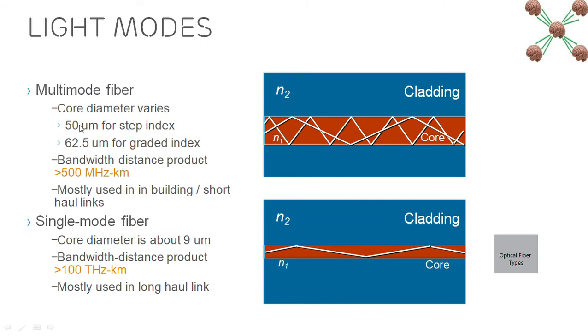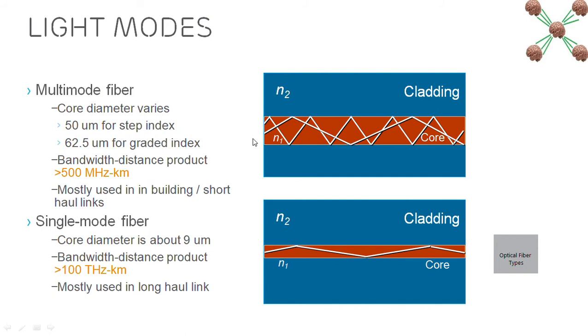So in step index, what happens is that the refractive index of the core is the same and it changes in a direct step. I mean, the core has one refractive index and the cladding has another refractive index. So in this case, when the light ray reaches the junction of core and cladding, then it is reflected inside.